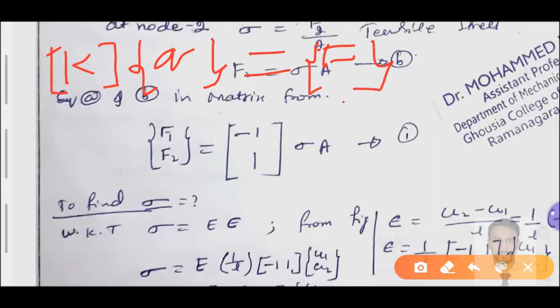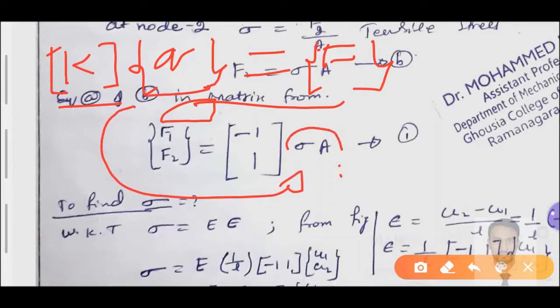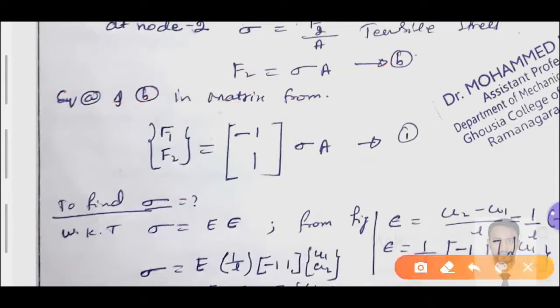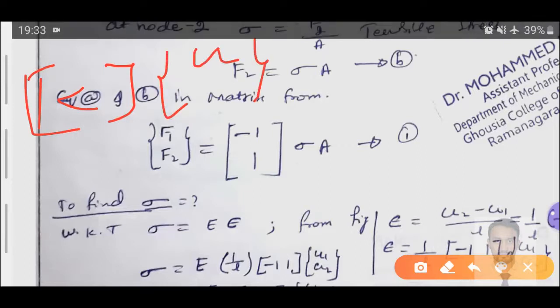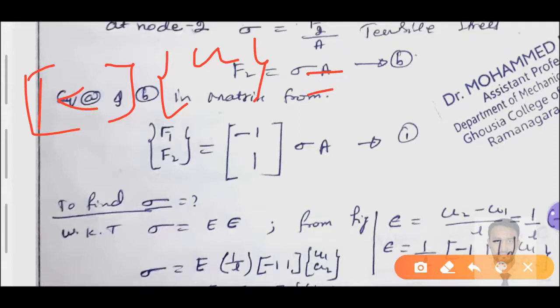Now this equation has F is equal to K into Q instead of sigma into A. So this value we need to convert in terms of KQ. Here K means the stiffness matrix and Q means the displacement vector U, and that is equal to F.